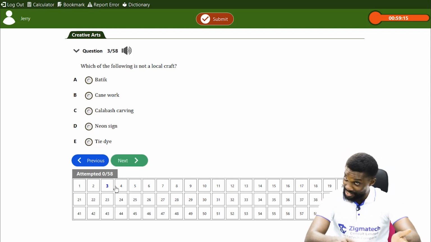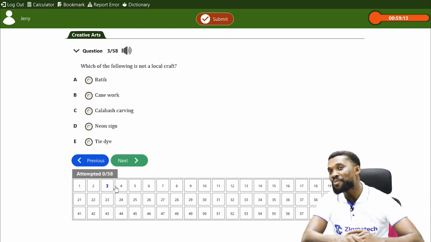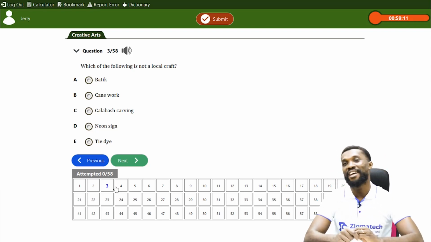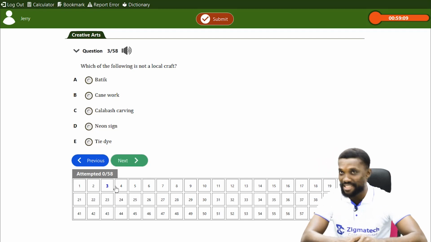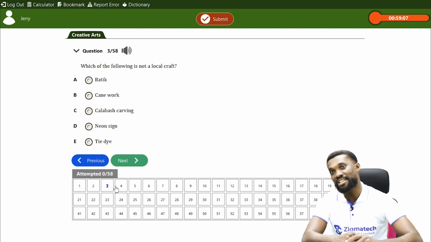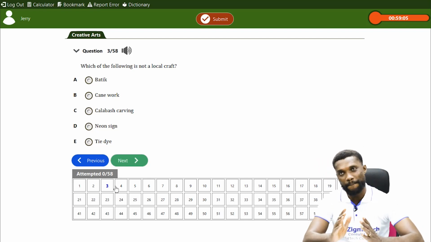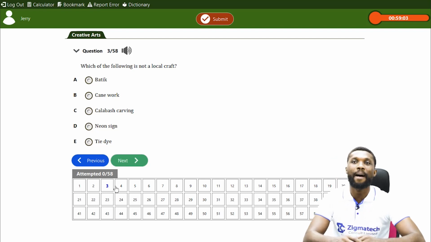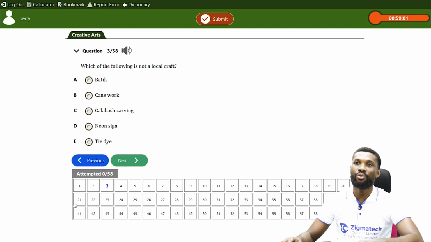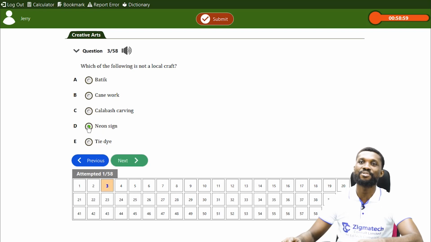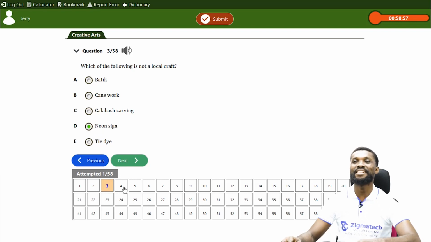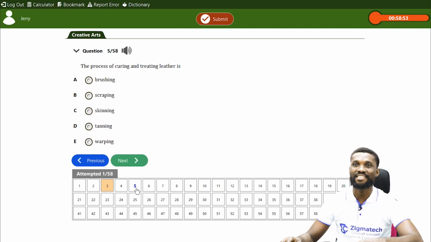Calabash carving is exactly what we talked about now. Cane work is what we talked about now. And then basketry and batik, we talked about in our previous class. So they are all local crafts apart from neo sign. So if you choose neo sign, you are very, very correct.